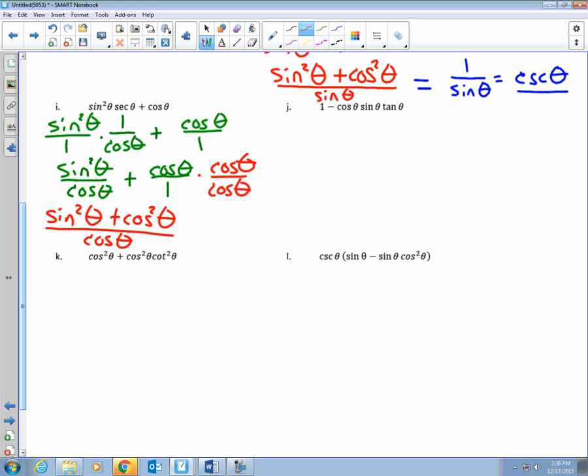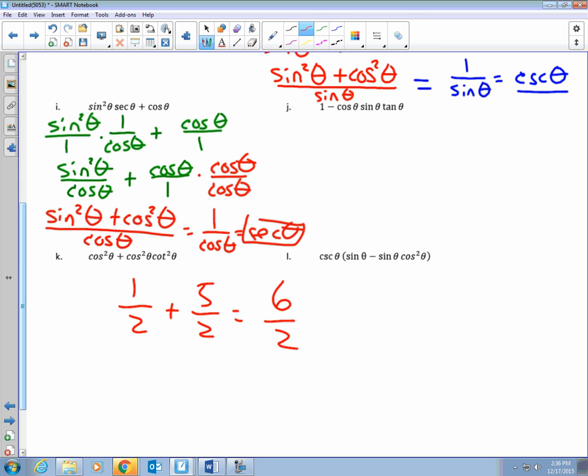Hey, what's sine squared plus cosine squared? 1. 1 over cosine is secant. On the bottom? Nope, just like if you had 1/2 plus 5 halves, that would give you 6 halves. Right? We leave the denominator alone with fractions.